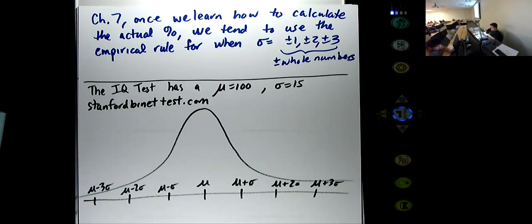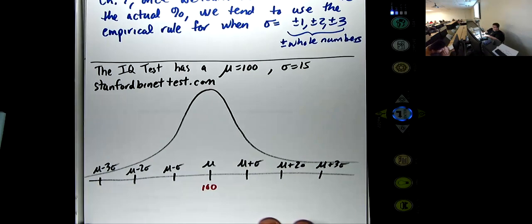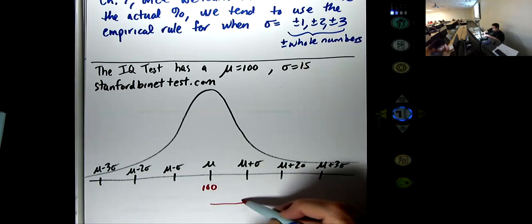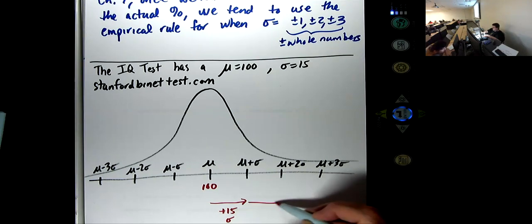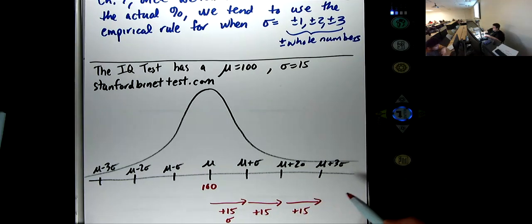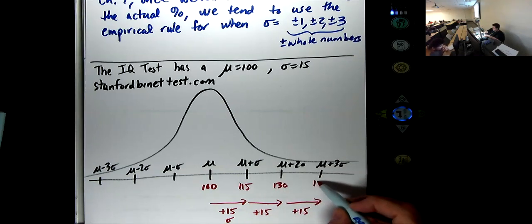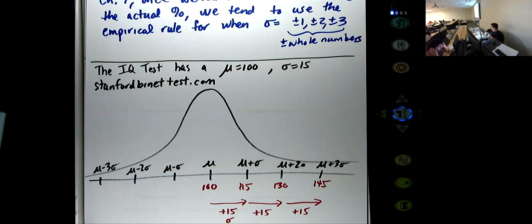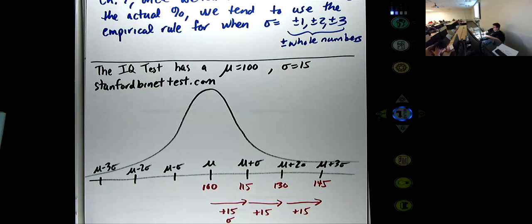All right, so in the center, the mean is 100. Each time we go to the right one, we have to add 1 deviation. So this would be 115. This would be 130. This would be 145. When we go the other way, we have to subtract.